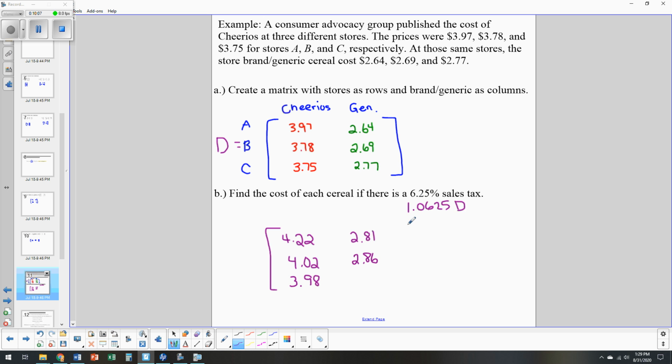And then 2.77 times 1.0625 is 2.94. And that's the answer for part B.